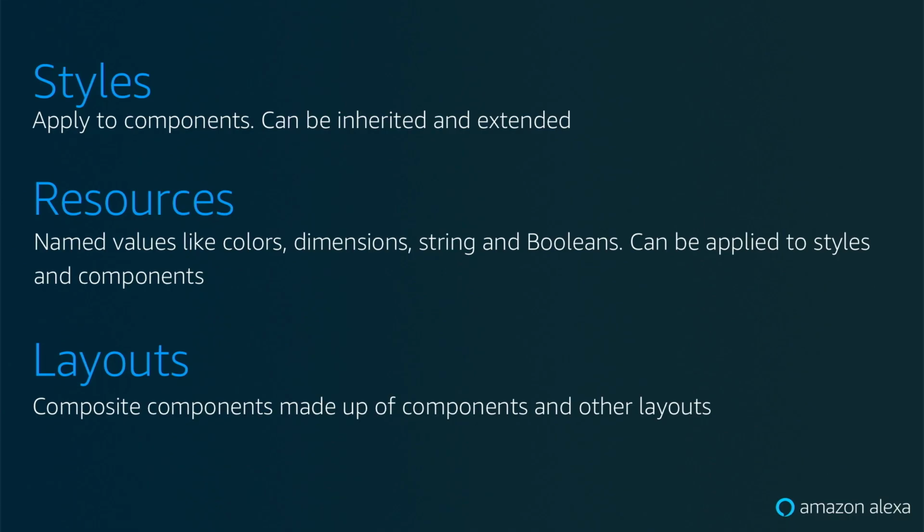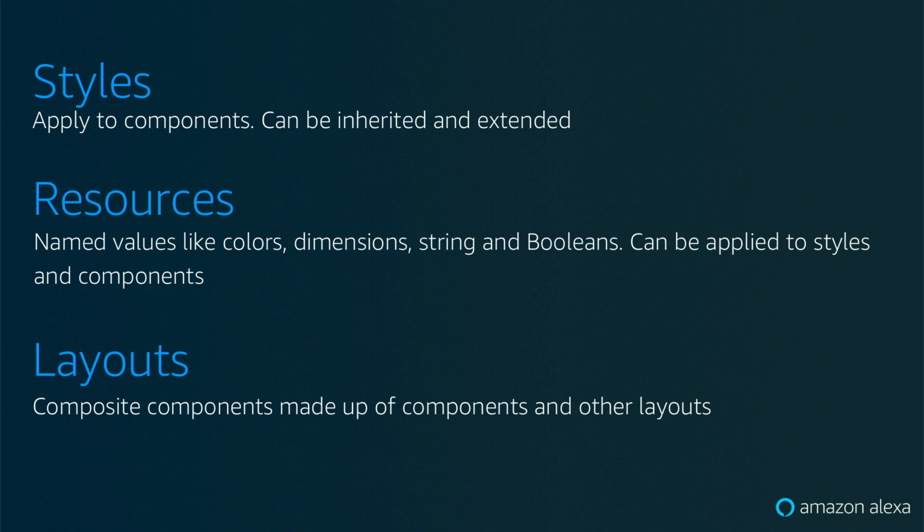Resources can also be strings. So if you want to specify a specific title, or you want to utilize a string for a URL that you'll use later, you can save that as a resource so you don't have to keep copying the same string over and over. And then finally, Booleans. So these can be your conditions or Boolean variables that you use however you'd want within your skill.